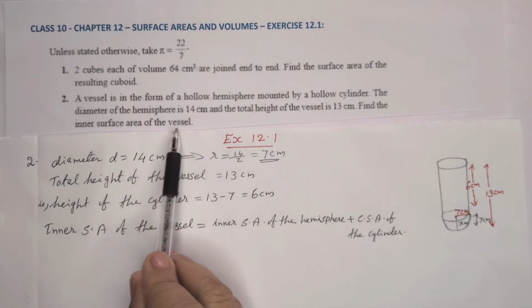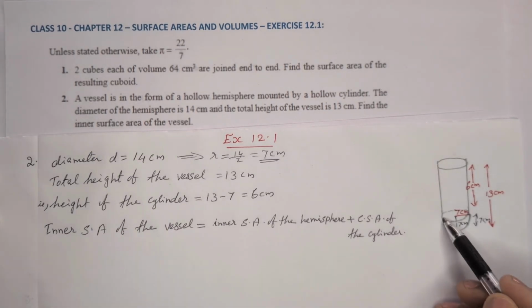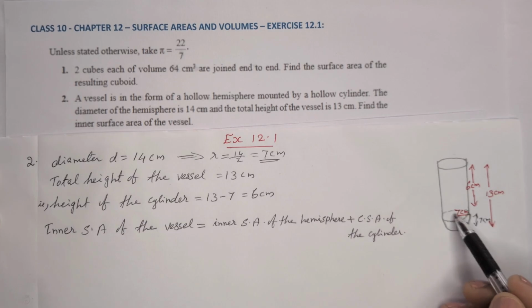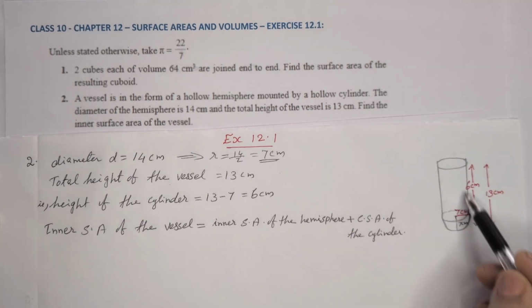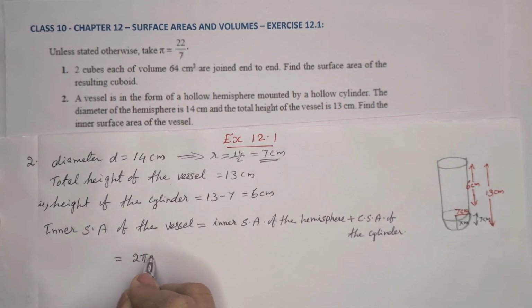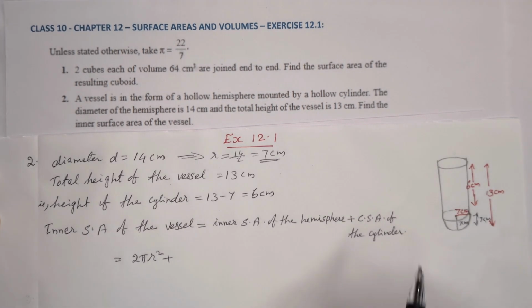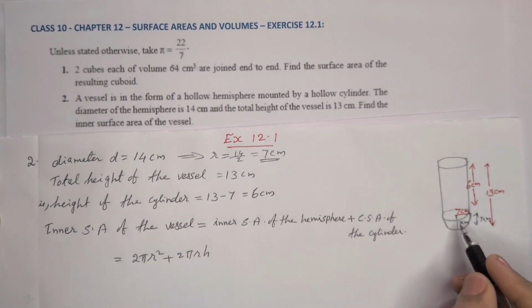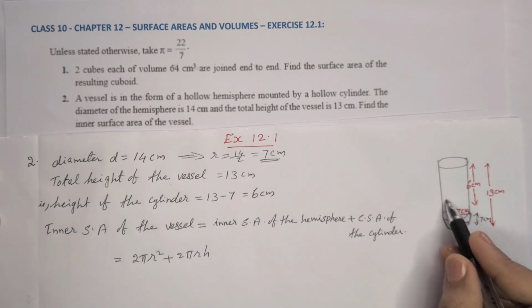Now inner surface area of the vessel means inner surface area of the hemisphere plus inner surface area of the cylinder, which is equal to inner surface area of the hemisphere 2 pi r square plus cylinder 2 pi rh. Here radius is the same, 7 centimeter for the hemisphere and for the cylinder.